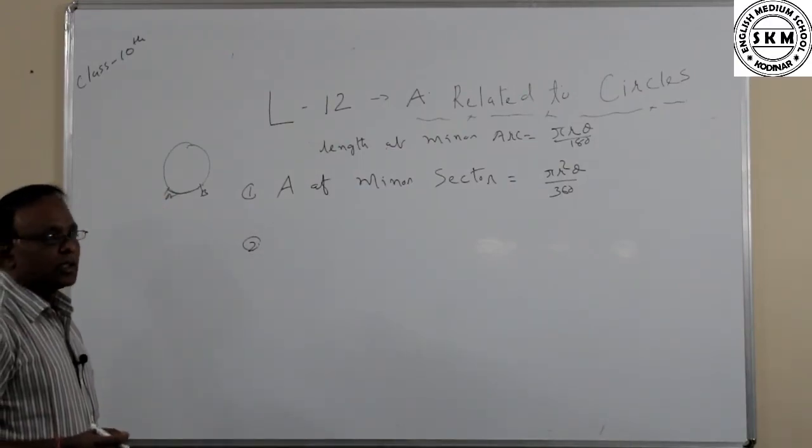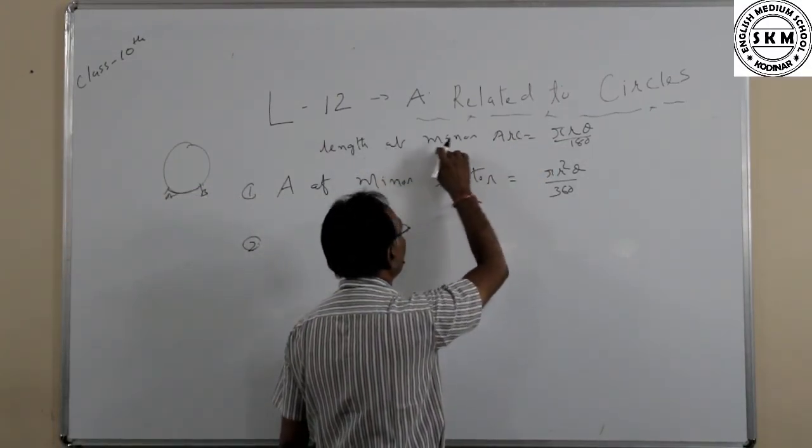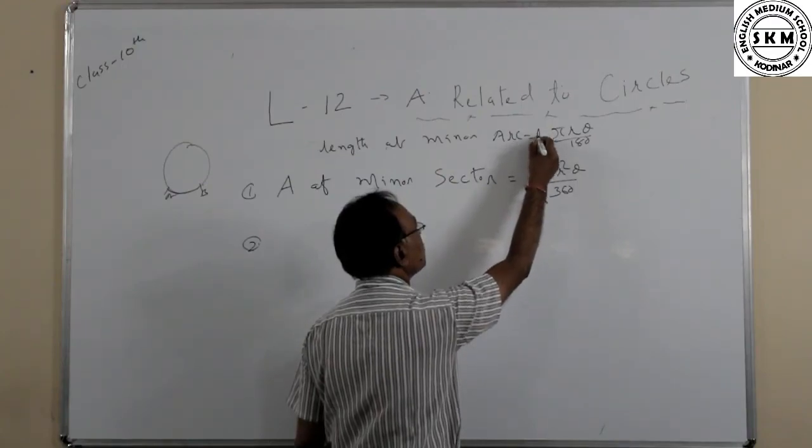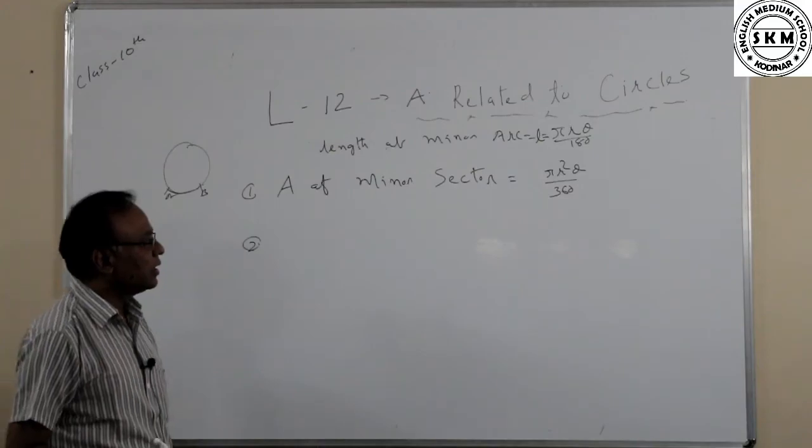Now here I say the length of the minor arc, denoted by small l, is equal to pi r theta upon 180.